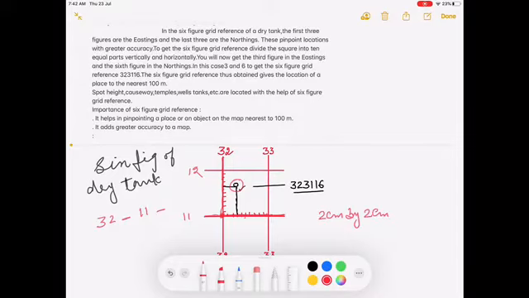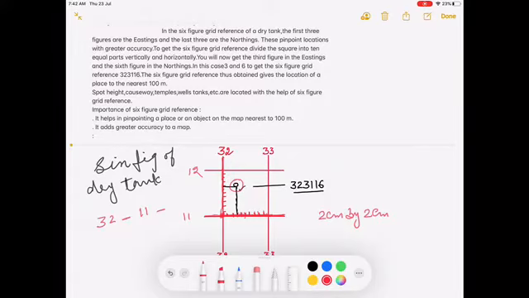So 0.2 centimeter will be your first division. Like this you are going to divide with the help of a scale, right? You will divide this 2 centimeter line into 10 equal parts and this line also into 10 equal parts.